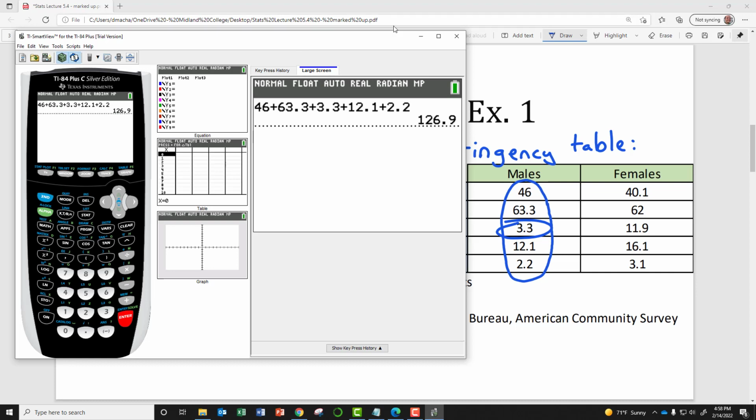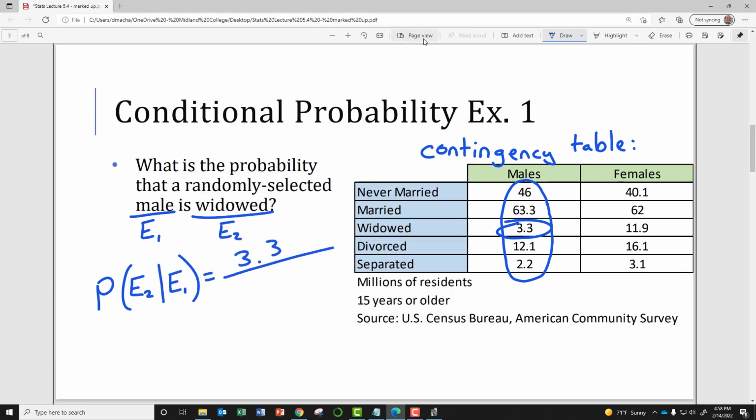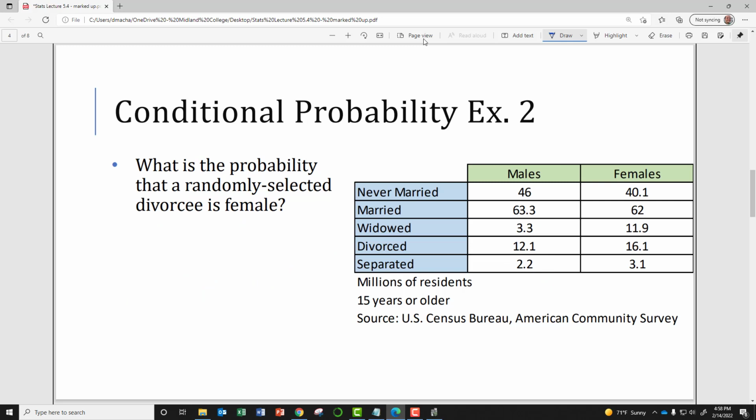So 126.9, if I did that correctly. 126.9. And so we just divide 3.3 by 126.9, and that's how we get this particular conditional probability that we're asking about. And so with the contingency table, it's actually very easy to see and calculate conditional probabilities.